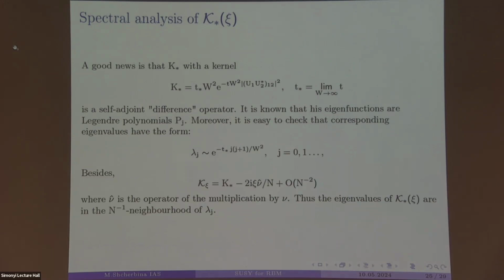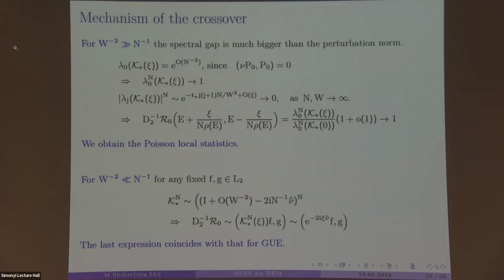The spectral gap here, all gaps, are proportional to 1 over W square. And your perturbation is proportional to 1 over N. Now you compare your perturbation and the spectral gap.